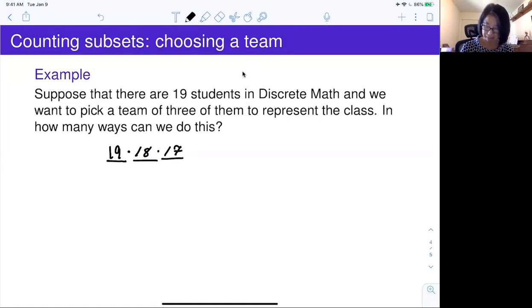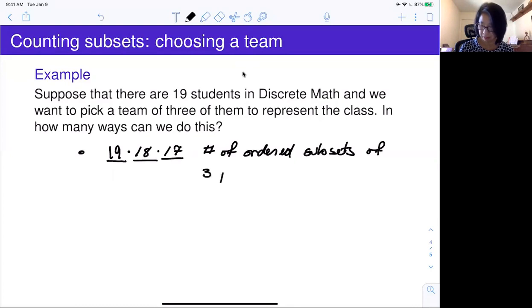So I want to say this is the number of ordered subsets of 3 people chosen from our class. So we've overcounted, right?